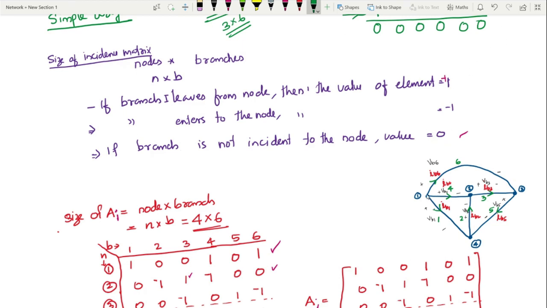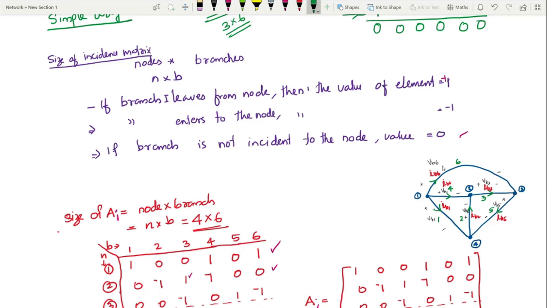For example, when considering the first node, the incident branches are 1, 4 and 6. So corresponding to 1, 4, 6, a +1 or -1 will be there based on the current direction. If the current is leaving the node, that entry is positive. If the current is coming towards this node, that entry is -1.